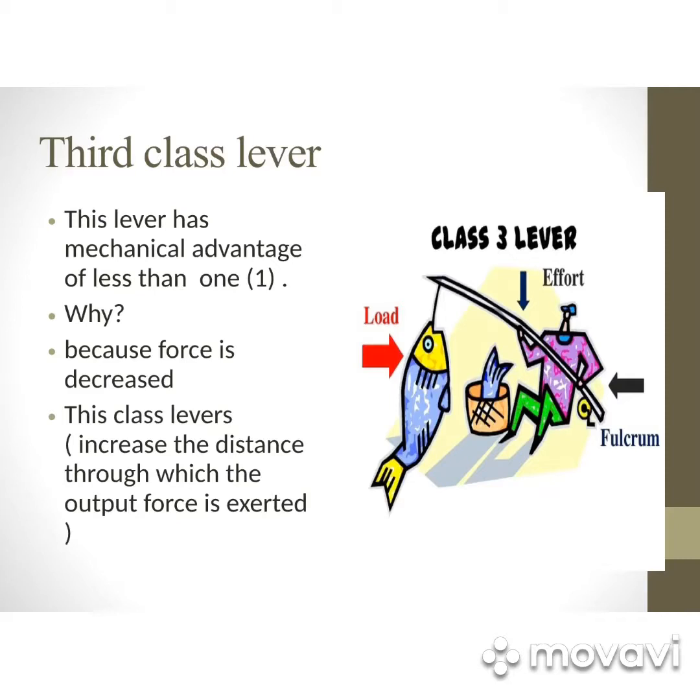We can go fishing and use a lever, which is the instrument used for fishing, and the fish that you are catching is the load. The hand of the person catching the fish is actually the input force or the effort, and the point that you are holding to make the instrument stable is the fulcrum.